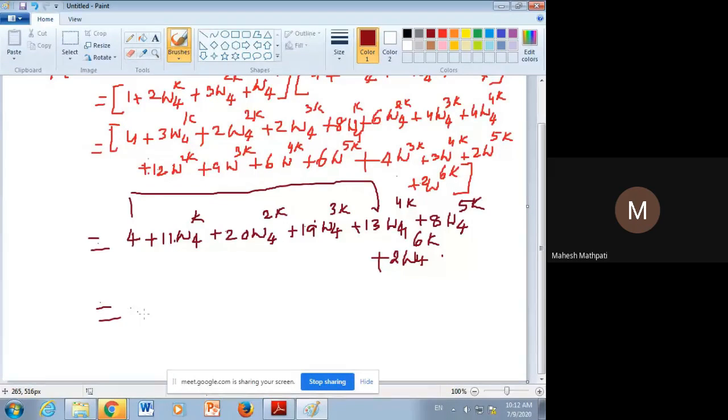So we will get 17 W4 to the power K. Plus what next? The second term is added with the next term. So 11 plus 8 is how much? 11 plus 8 is 19. Again, it is 19.